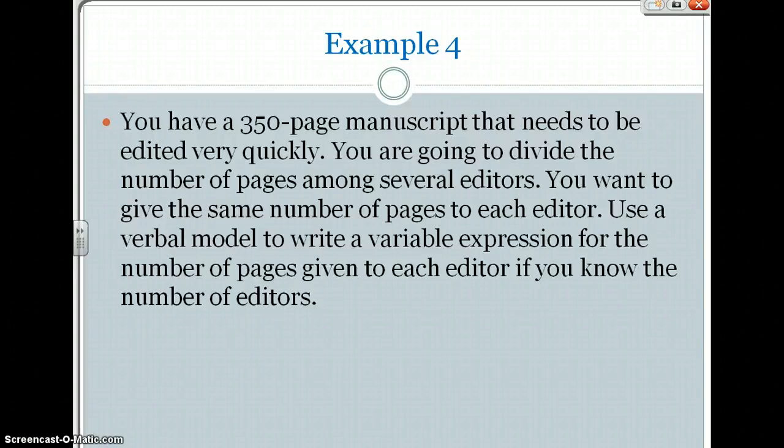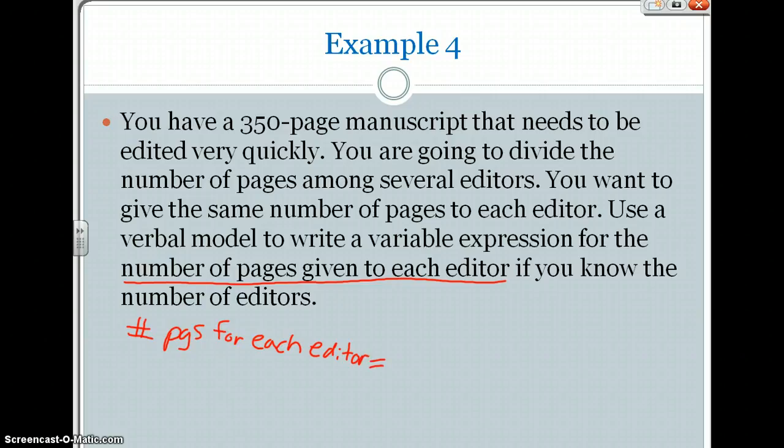Okay, so the big thing we're looking for here is they want a variable expression for the number of pages given to each editor. Okay, so right here we can put in the number of pages for each editor, and that is going to be equal to the number of pages divided by the number of editors.